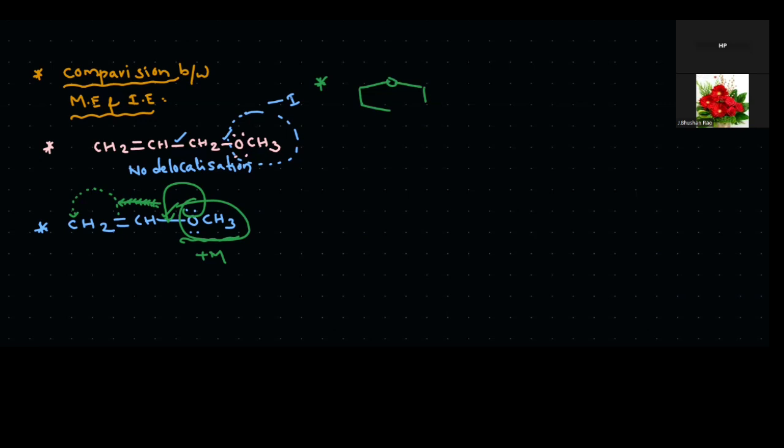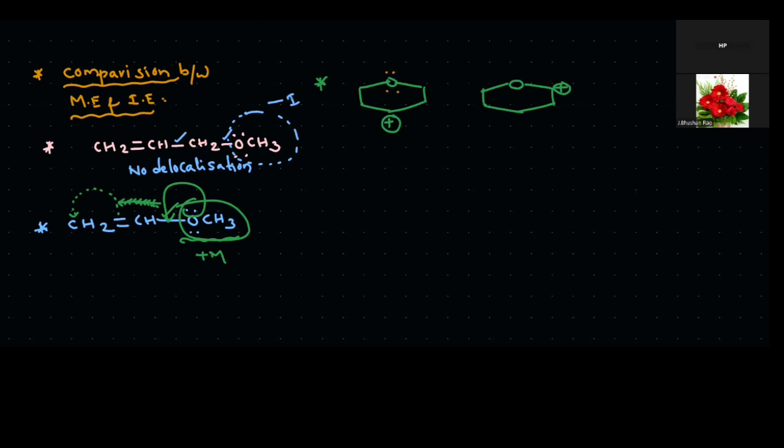Here positive charge. Here positive charge. Like this, rings only are given. Now each oxygen has two lone pairs of electrons. Like this.